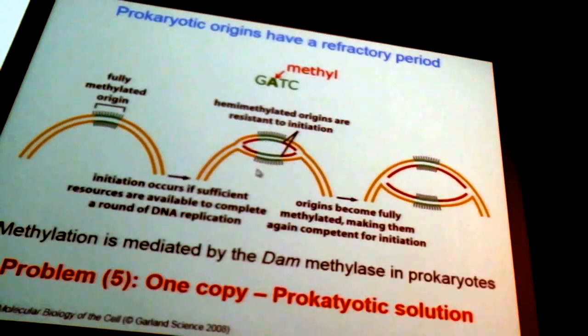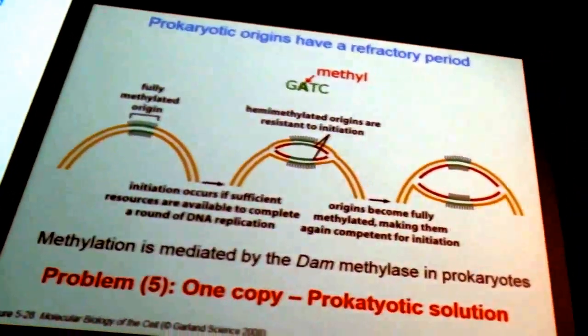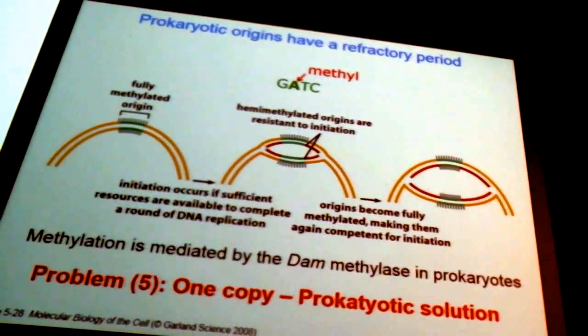Now, when replication happens, the newly made DNA in red here is not methylated. And therefore, this hemimethylated or half methylated state can be seen as different by the rest of the cellular machinery that's in cells. So they know that this is newly replicated, and after the whole round is done, after some time, this becomes competent enough for methylation by the DAM methylase putting on the methylation mark.